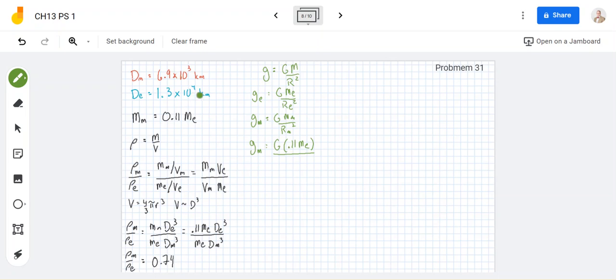I'm going to take 6.9 times 10 to the third and divide it by 1.3 times 10 to the fourth. And what that tells me is that the radius of Mars is 0.53 times the radius of Earth. And don't forget to square it. So this is 0.11 on top, and this is 0.53 squared on the bottom.